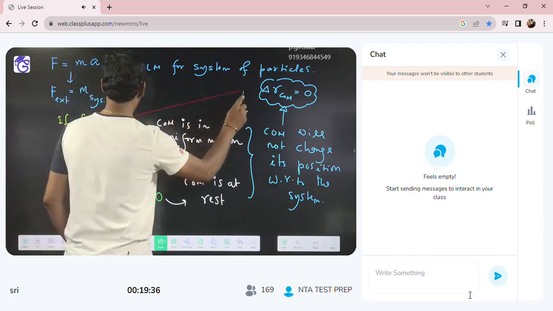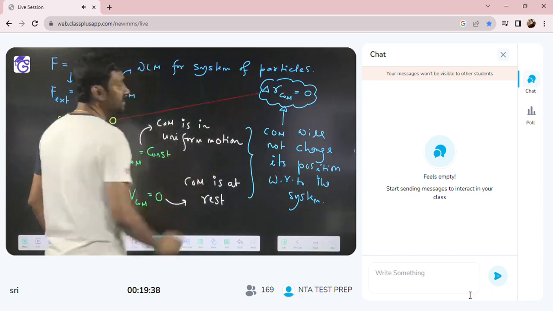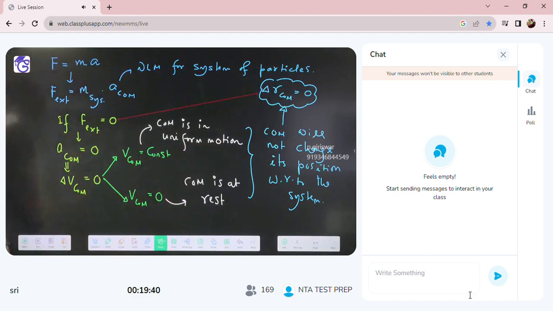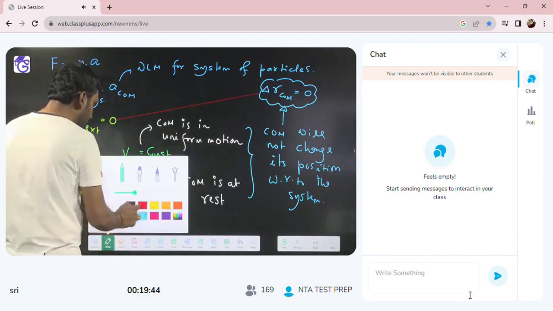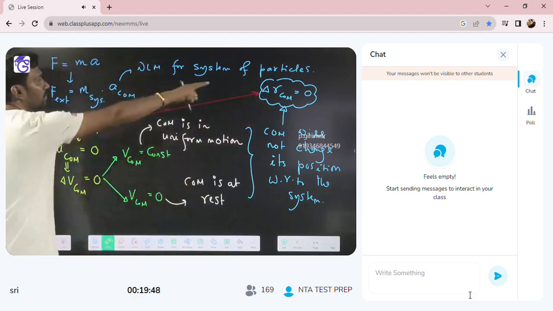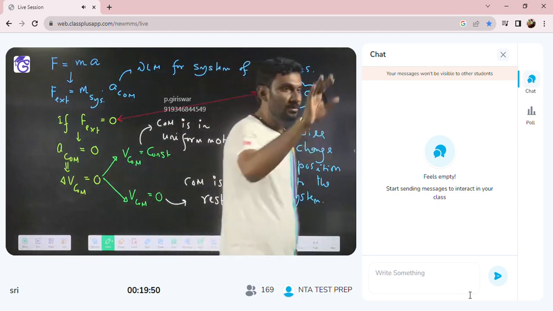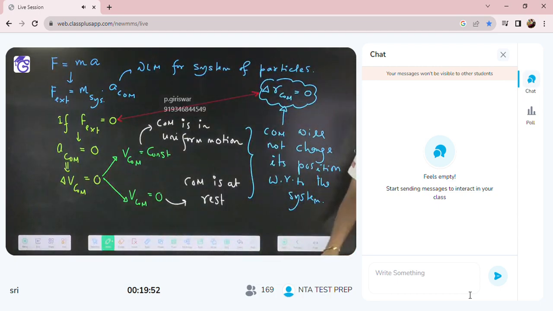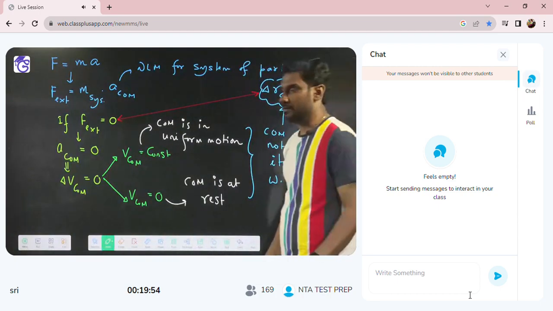Whenever external force is equal to 0, shift in center of mass will be equal to 0. Please read the entire slide once. Tell me whether it is clear or not. Very conceptual points.